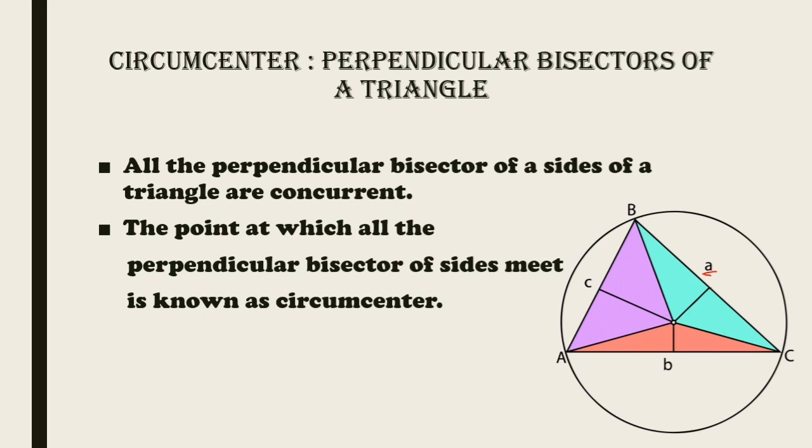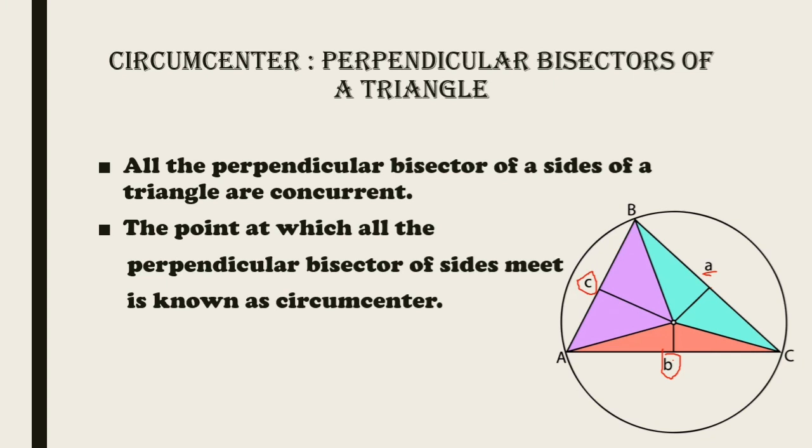Then a line segment passing through point B is the perpendicular bisector of AC, and the line segment passing through point C is a perpendicular bisector of segment AB.